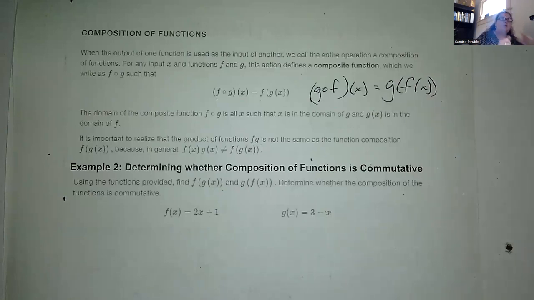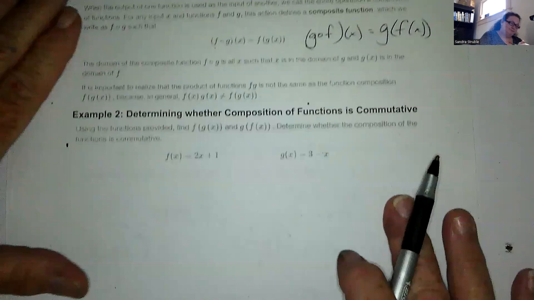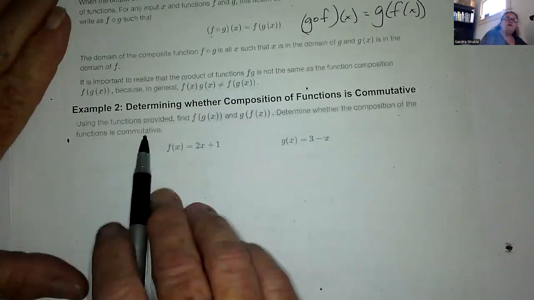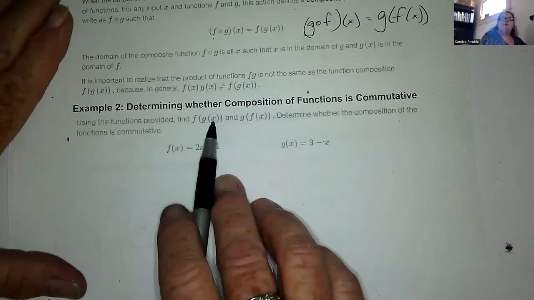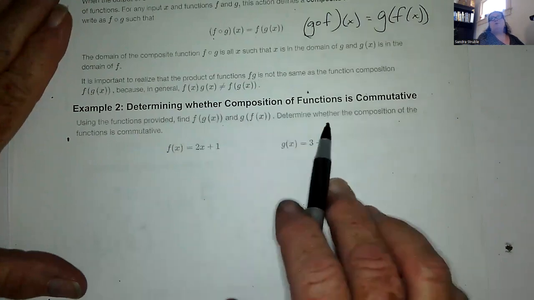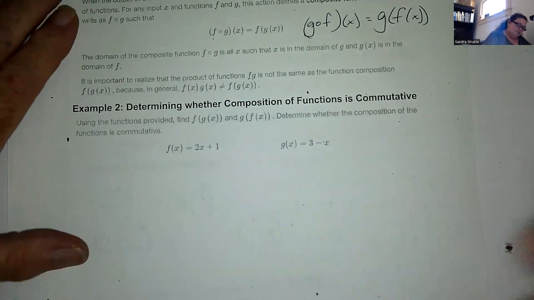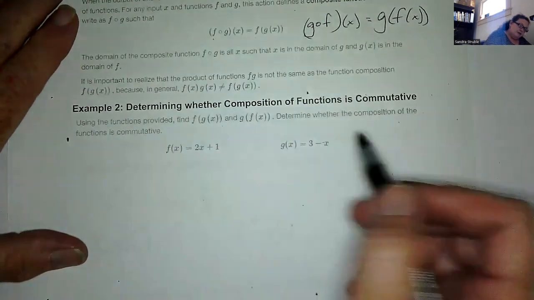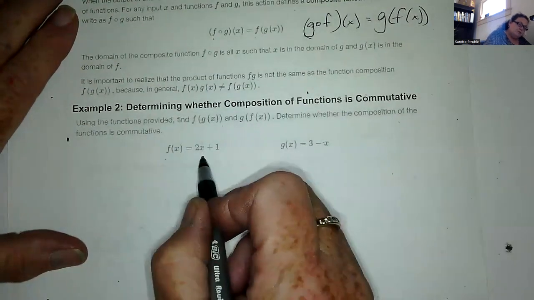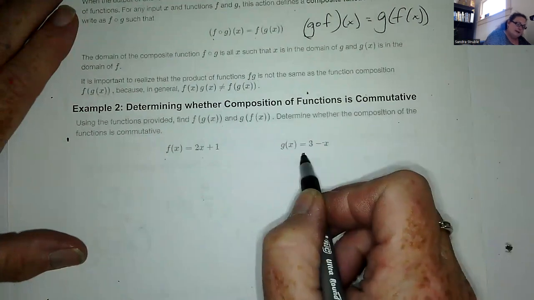Okay, so watch this. Let's go to example 2. Using the functions provided, find f of g of x and g of f of x. Determine whether the composition of the function is commutative. All right, so the first one, we've got function f is 2x plus 1. Function g is 3 minus x.